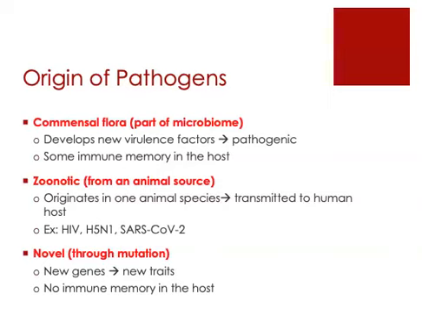The difference then between a zoonotic pathogen and any other type of novel pathogen is just where the organism emerged. If it emerged from an animal host, it could be both zoonotic and novel. And the new coronavirus is an example of that.